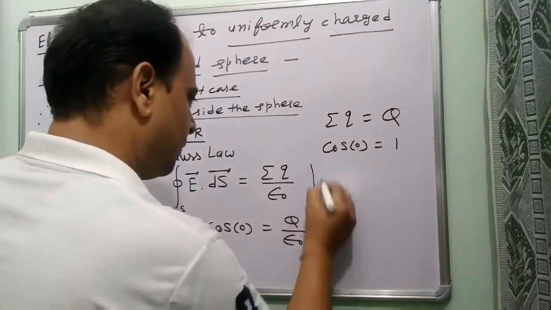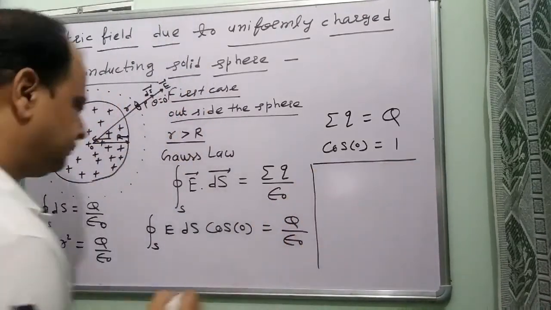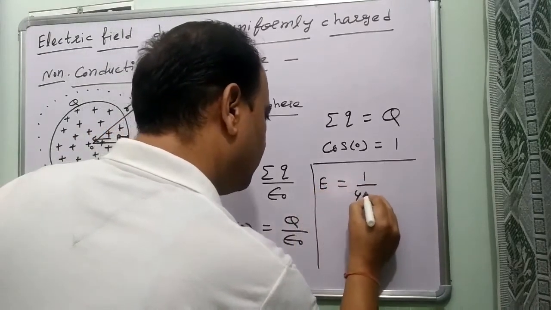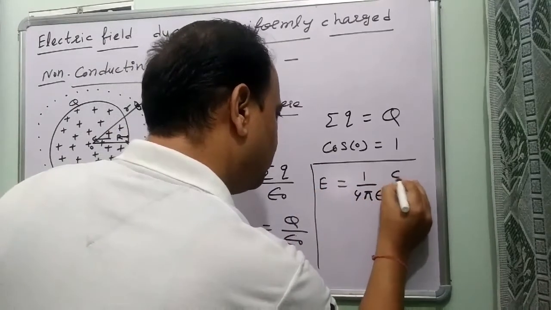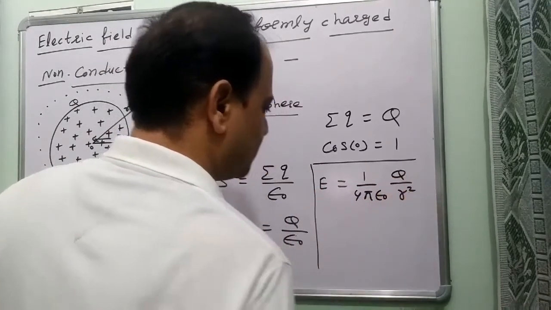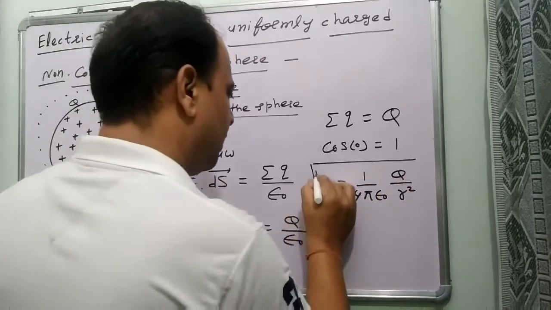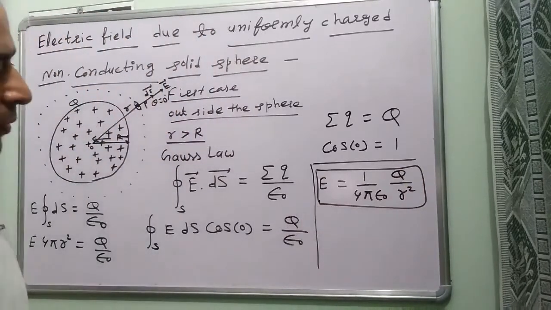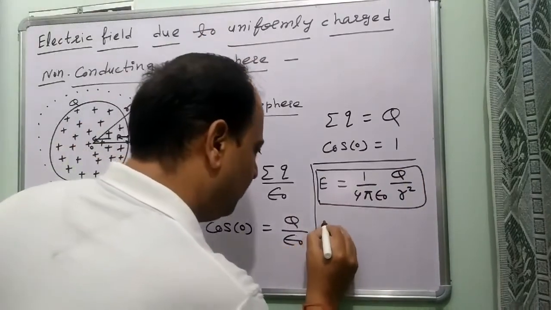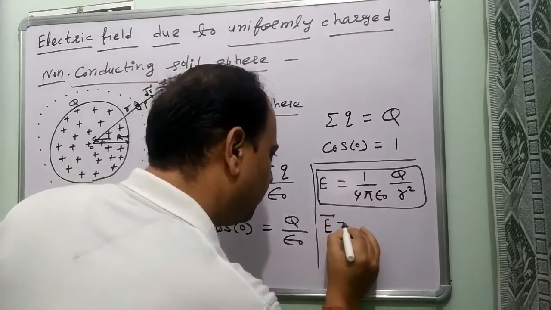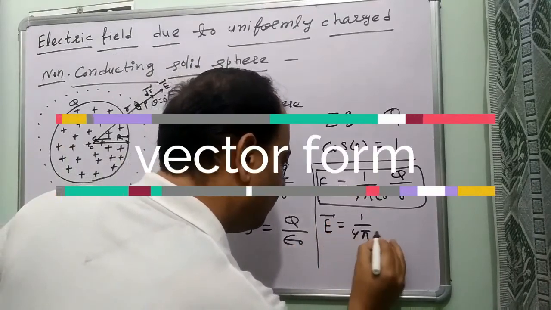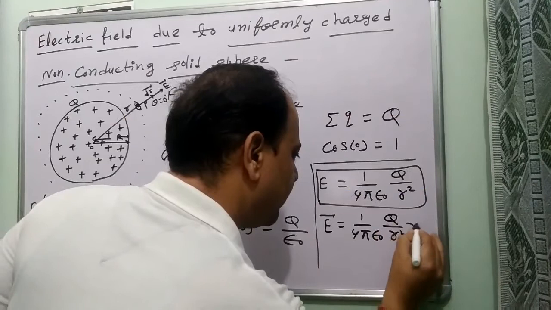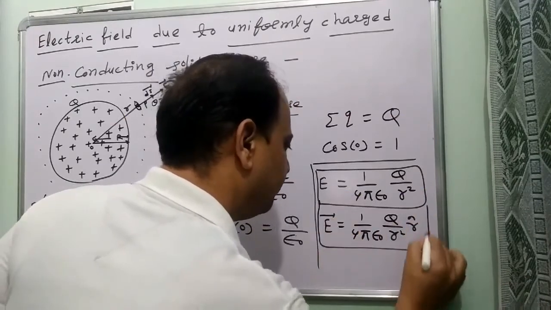Now the equation is E equal to 1 upon 4 pi epsilon 0 q upon r square. This is the formula of electric field outside the non-conducting solid sphere. In vector form, it is 1 upon 4 pi epsilon 0 q upon r square r cap.